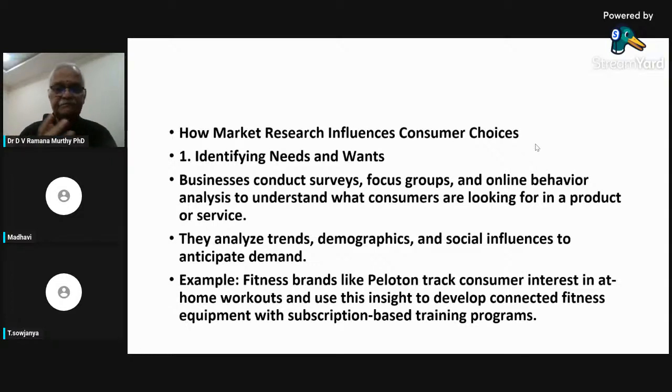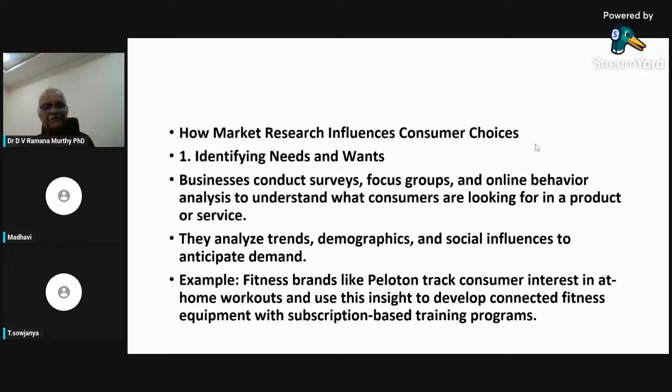Say, for example, fitness brands like Peloton track consumer interest in home workouts and use this insight to develop connected fitness equipment with subscription-based training programs, to make your fitness good enough.